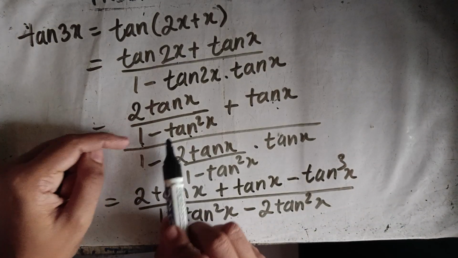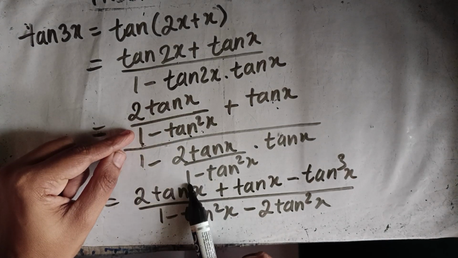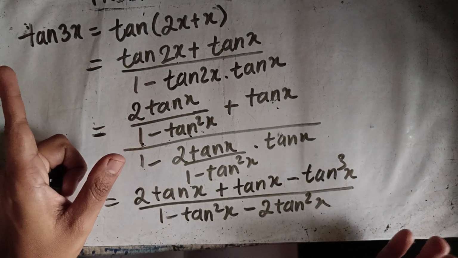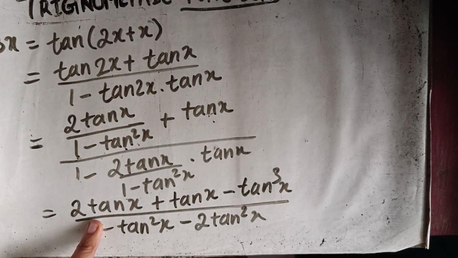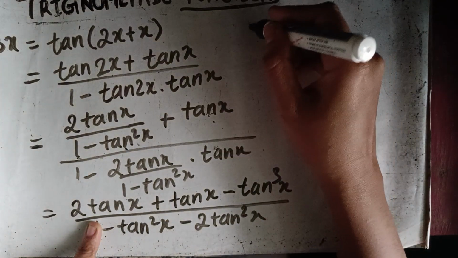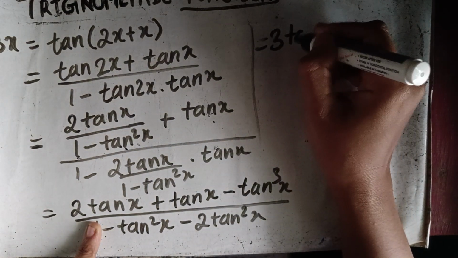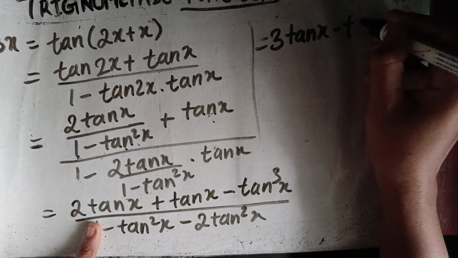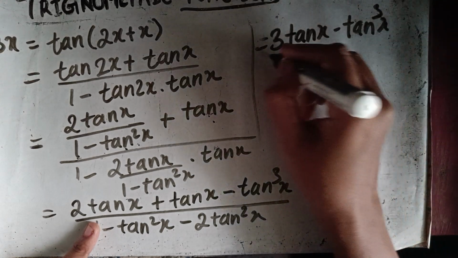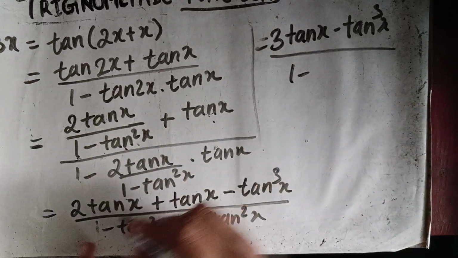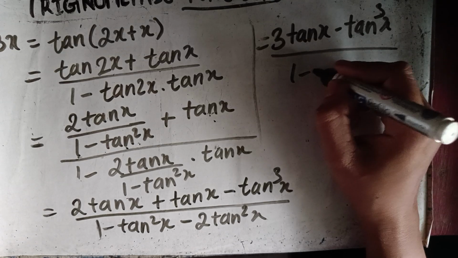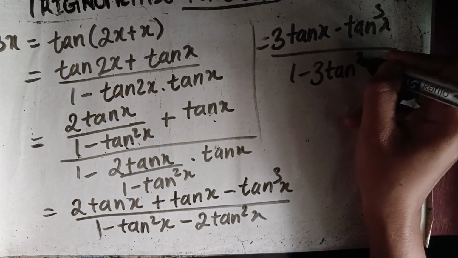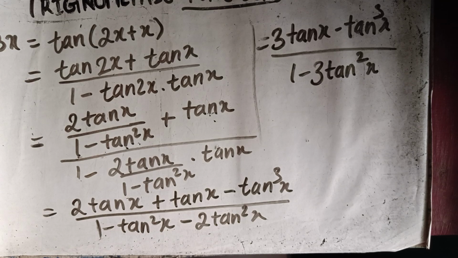Now the denominators 1 minus tan square x and 1 minus tan square x get cancelled, because both are the same. So this will be 2 tan x plus tan x is 3 tan x minus tan cube x, upon 1 minus tan square x minus 2 tan square x, minus minus plus, so 3 tan square x. So this is the formula or identity for tan 3x. Okay.